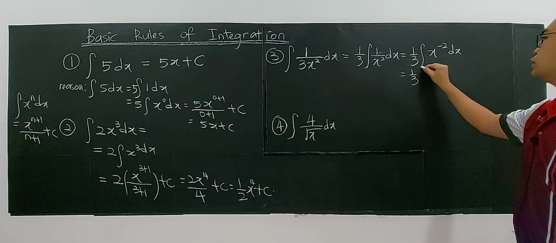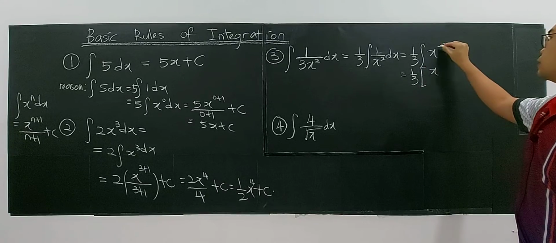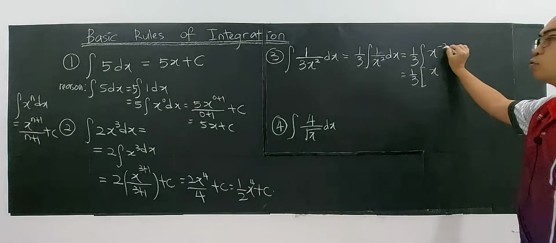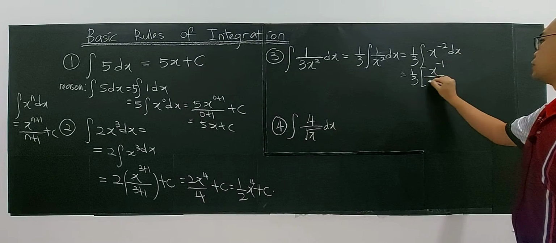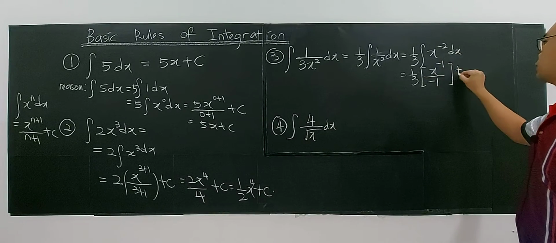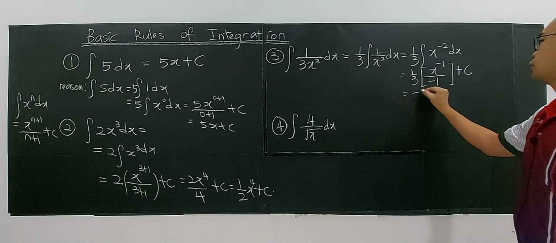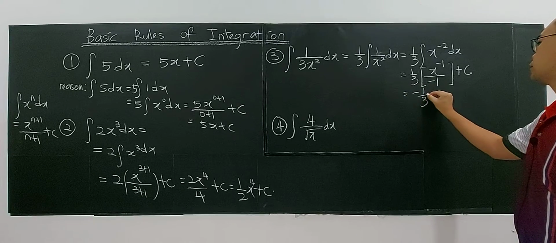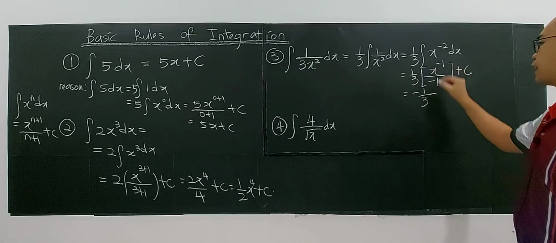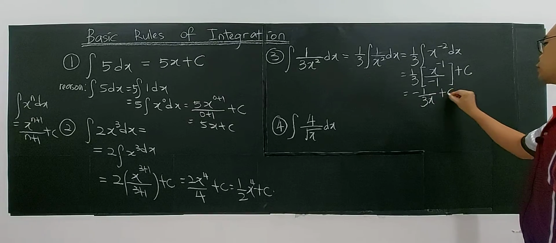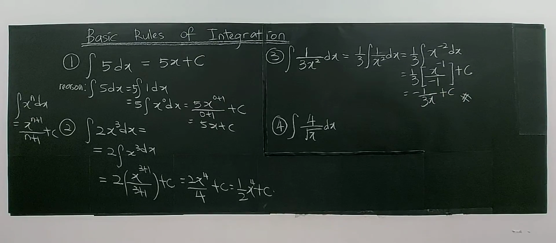So you have 1 over 3 times x to the power of negative 2 plus 1, which is negative 1, divided by negative 1, plus c. This gives negative 1 over 3 times x to the power of negative 1, which becomes negative 1 over 3x plus c.